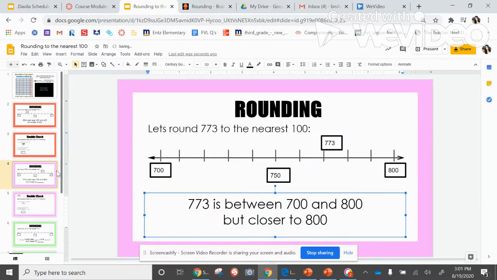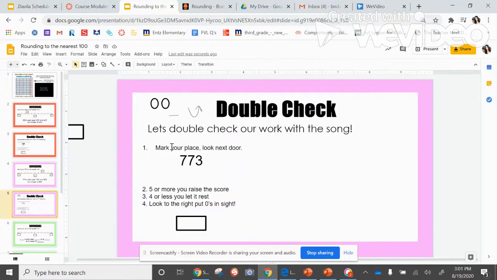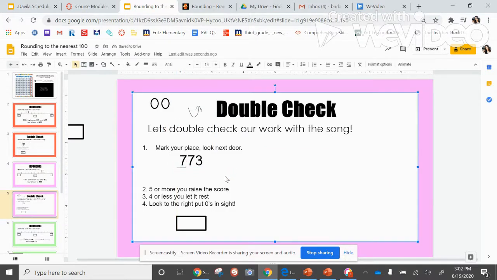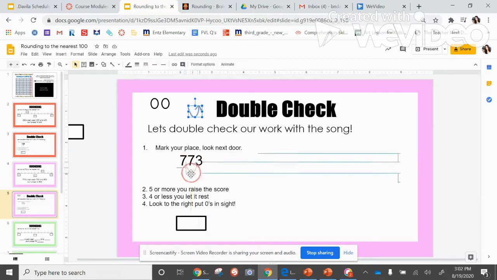Okay, now let's check our work using the song. Here we go. Mark your place. What's our place? What are we rounding to? The nearest hundred. So I'm going to mark the hundreds place because I'm trying to find the nearest hundred. Mark your place. Look next door.